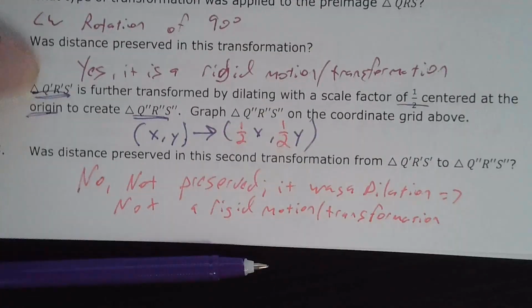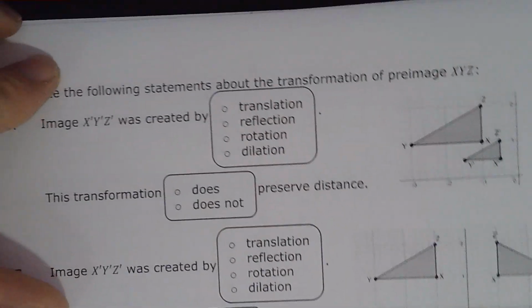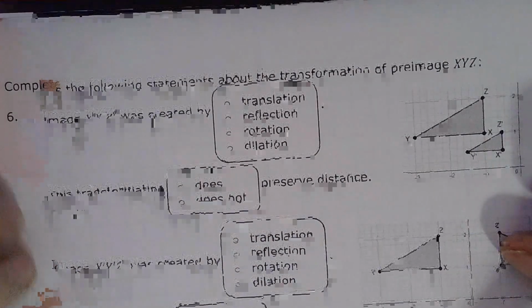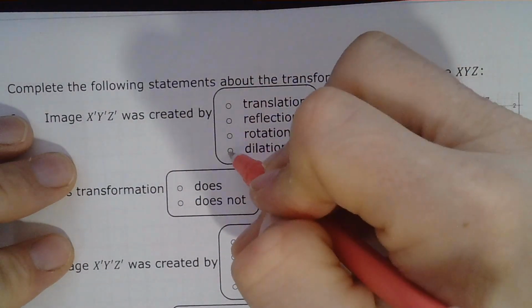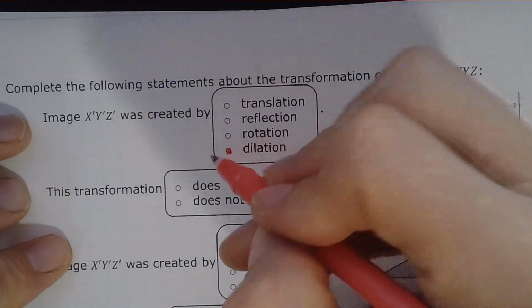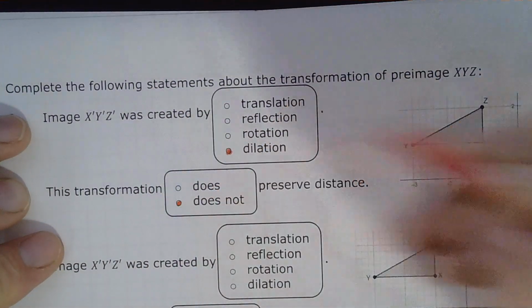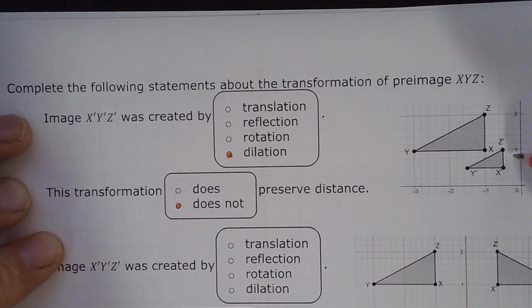Okay, there you go. Moving on to this page. This one is even easier. This image was a dilation. Pretty obvious dilation, so it did not preserve distance. I'm wondering what the scale factor was. Well, let's see, 1/2.